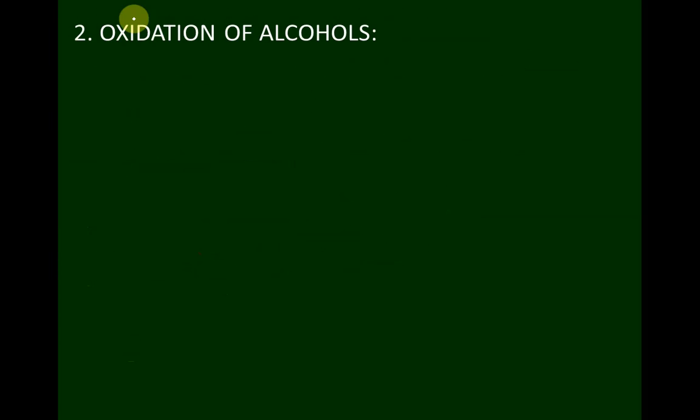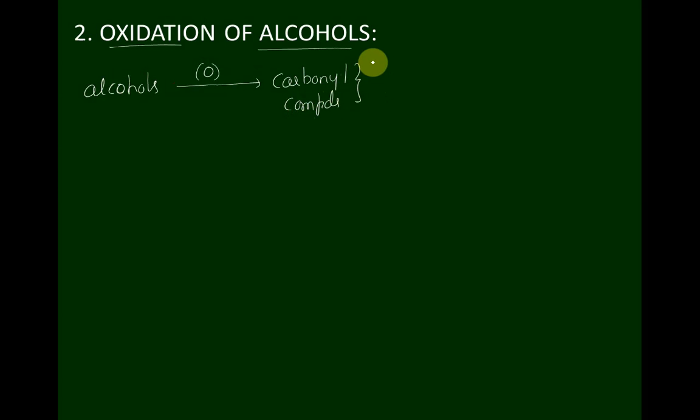Next, oxidation of alcohols. When alcohols are subjected to oxidation, it involves the formation of carbonyl compounds. What are carbonyl compounds? Either it may be aldehyde or it may be ketone.